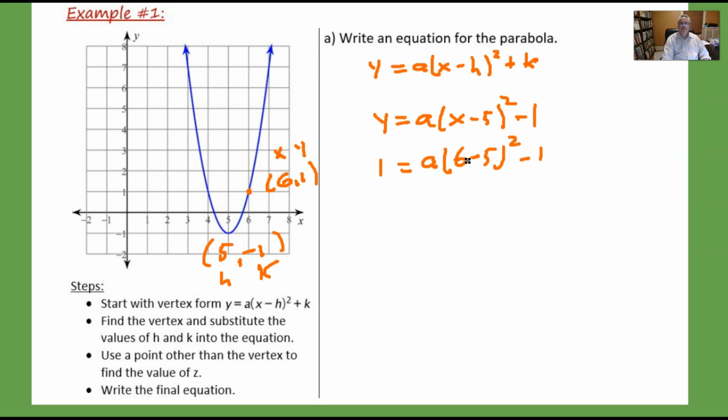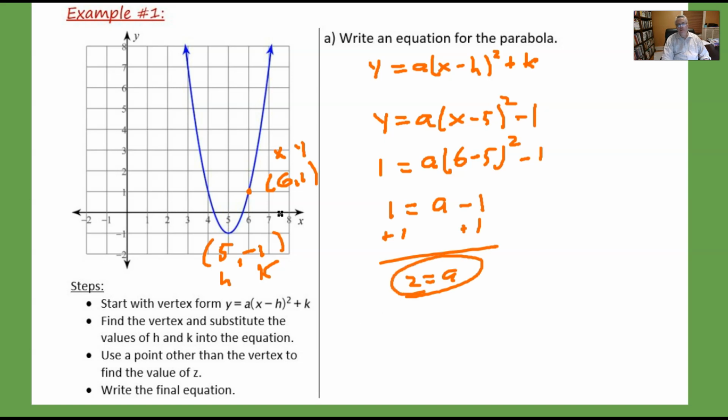So we can figure out what a has to be. I'm going to start by simplifying this. 6 minus 5 is 1. Squared is 1. So really we have 1 equals a times 1, which is a, minus 1. That got a lot nicer quickly. To get a by itself, we're going to add 1 to both sides, and we get a equals 2.